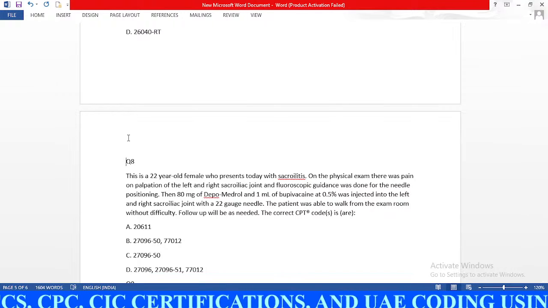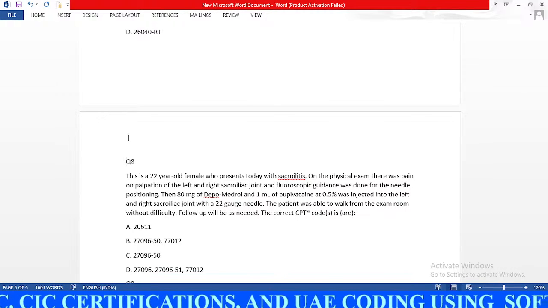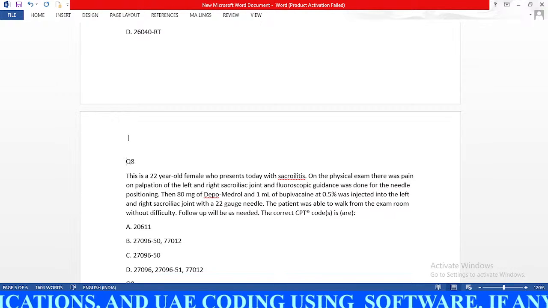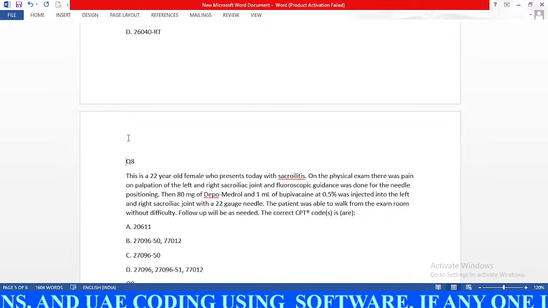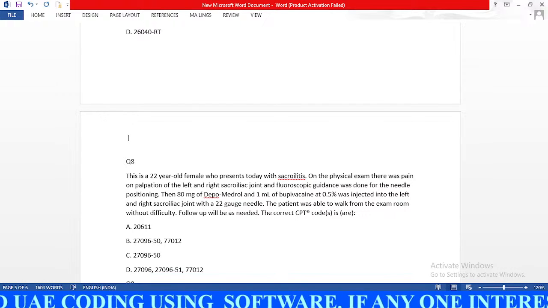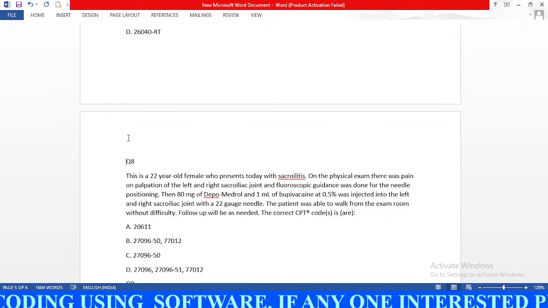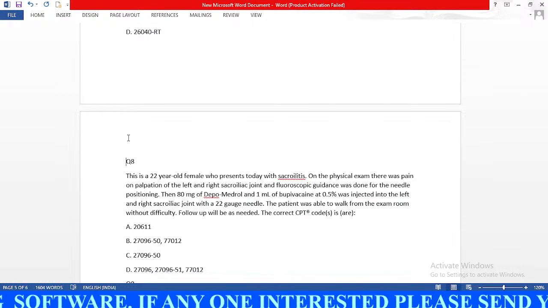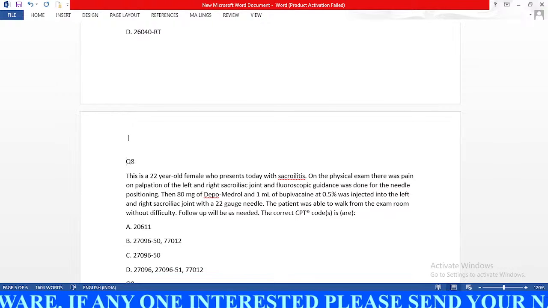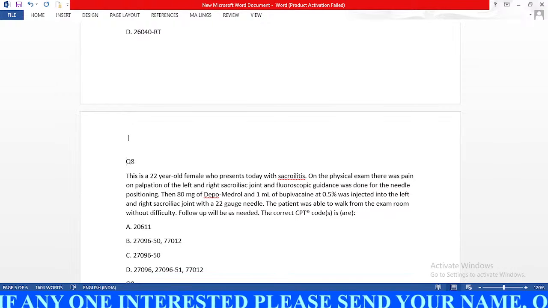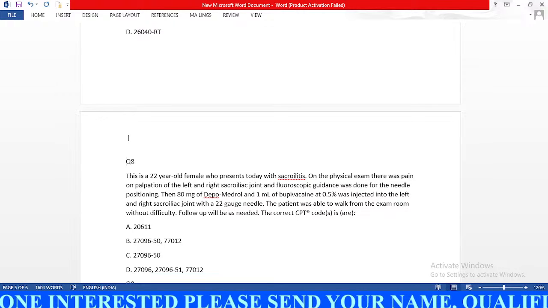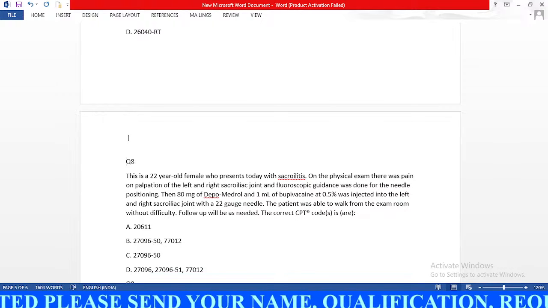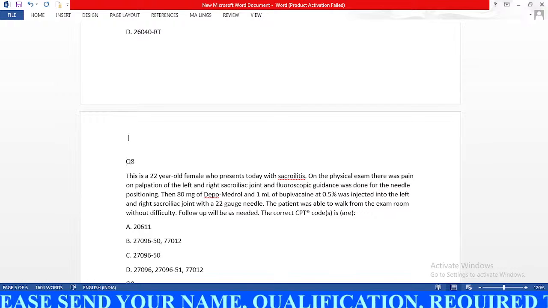Then if you find the proper keywords and laterality, you can code it properly. So whenever you code musculoskeletal system procedures, you need to check whether it is an open procedure, closed procedure, percutaneous procedure, or arthroscopic procedure. So these are the keywords you need to find while coding musculoskeletal procedures. So try to find the keywords first, then you can code the case easily.